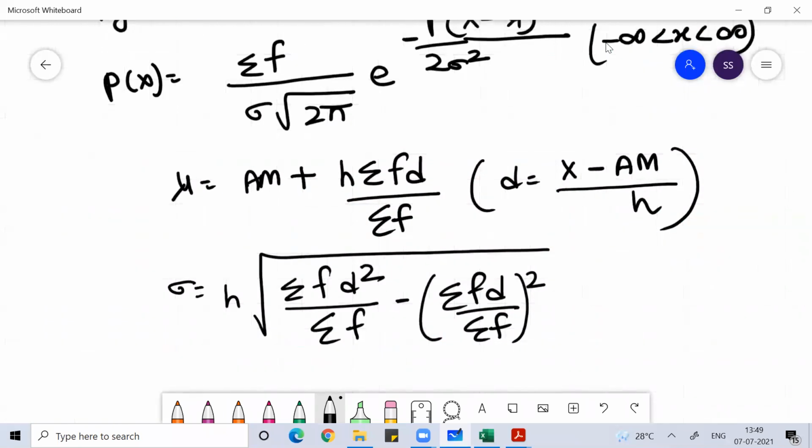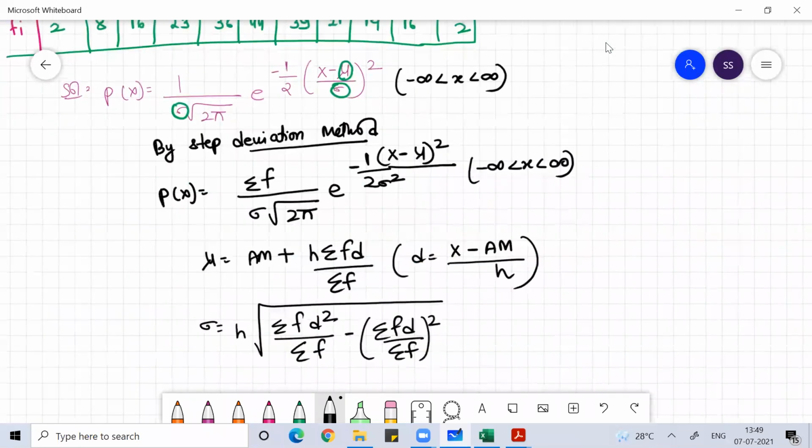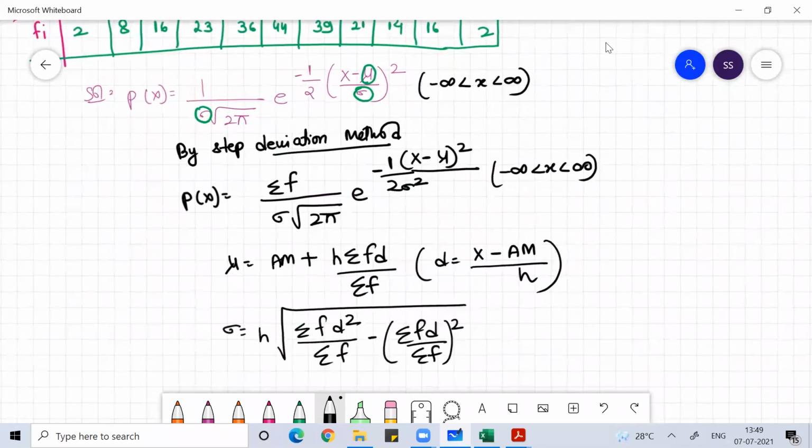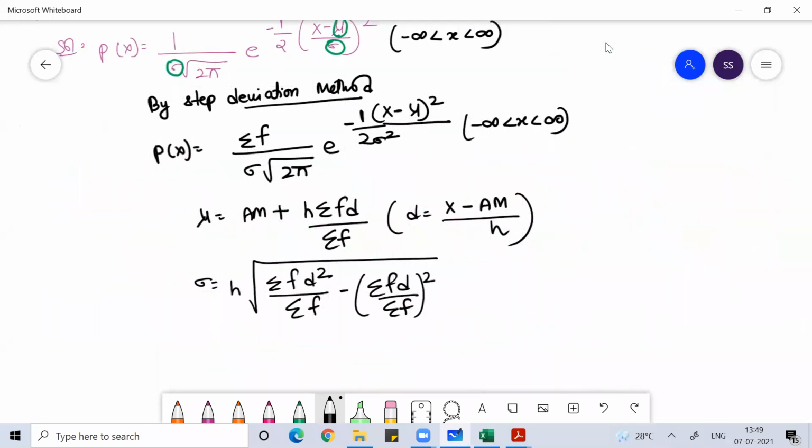Before we do the problem, I hope you remember this concept. Imagine if your data is a little bit complicated. If you want to apply the step deviation method, then this is the way you need to solve.